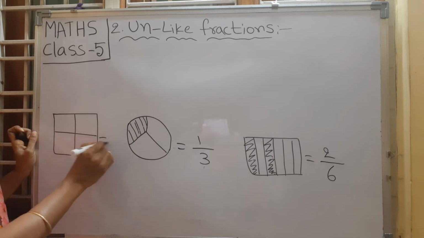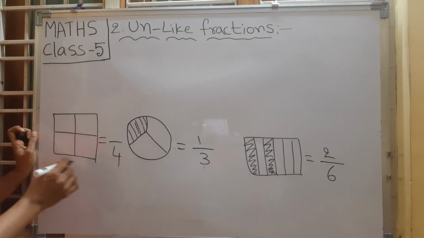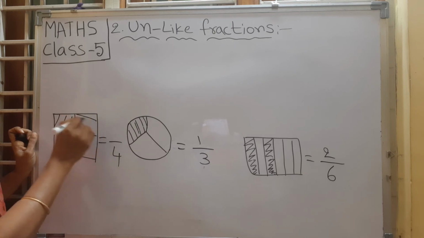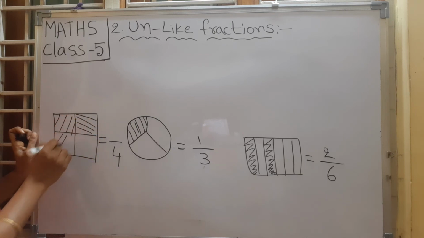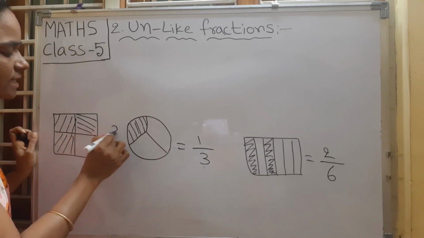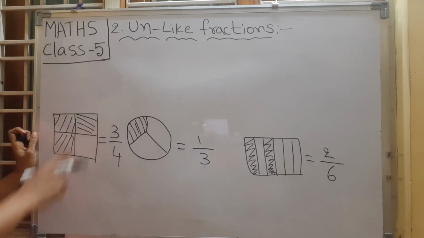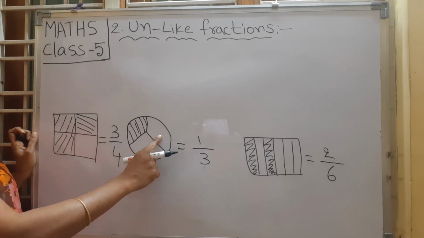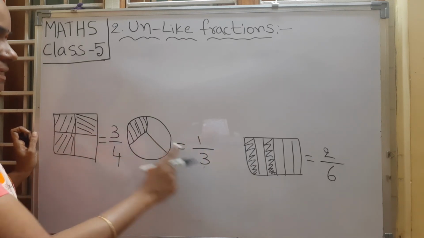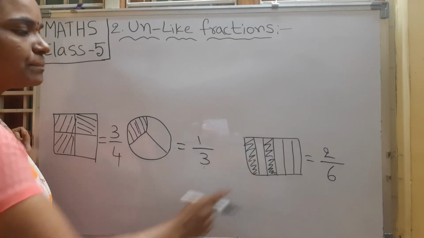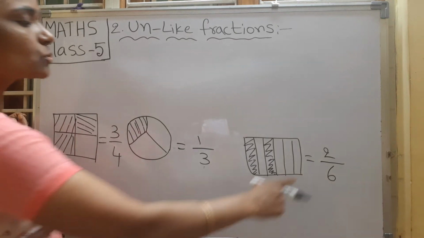Next, take another example. Total there are 4 equal parts out of 4. How many are colored? 1, 2, 3 parts are colored. So 3 by 4 is the fraction for the given shape. So here 3 by 4. For the second shape, what is the fraction? 1 by 3. Out of 3, only one part is colored. For the third shape, what is the fraction? 2 by 6.